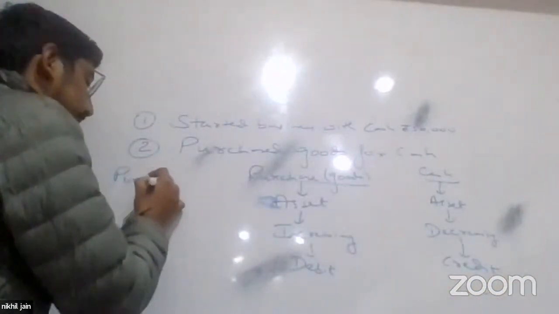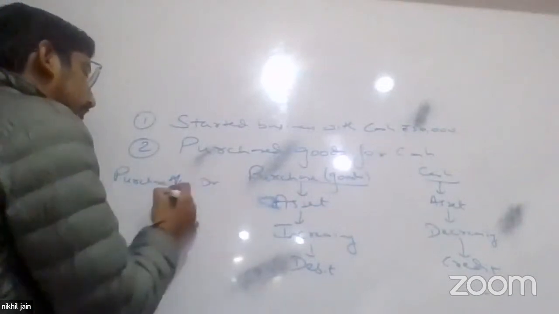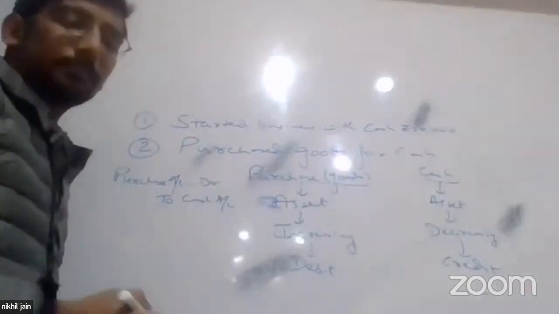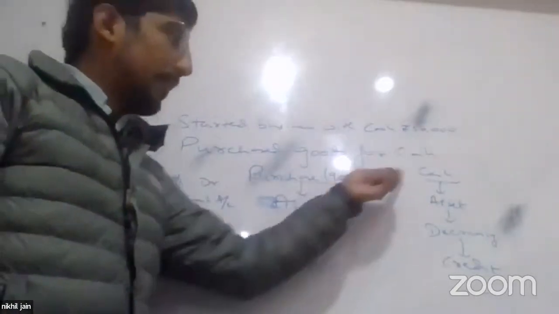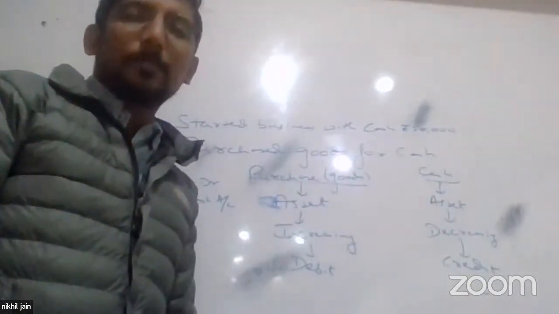So the journal entry will be purchase account debit to cash account. Whenever we purchase goods for cash, purchase will be debited and cash will be credited. Is that clear? Yes, sir.